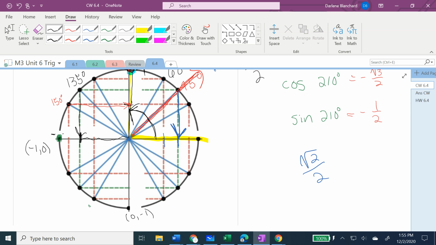Sine is looking at what is the y coordinate. Cosine is looking at what is the x coordinate. So if you went to 270 down here, and I asked you, what is the value of sine of 270? You would look at the y coordinate. So what is the sine of 270?